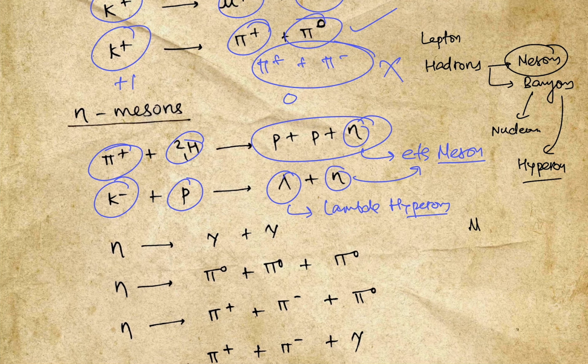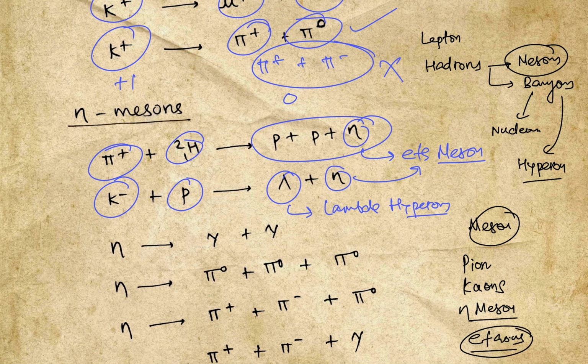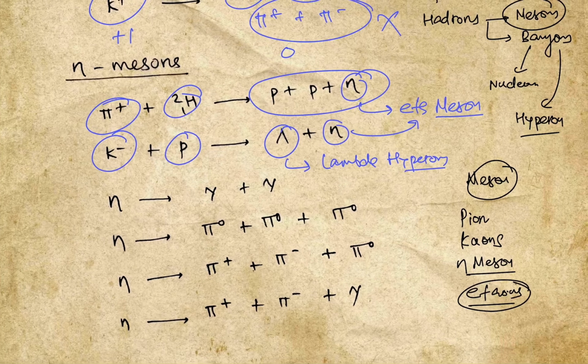Mesons were of three kinds. First one is pi meson or pion. Second one is K meson or kaons. And the third one is eta meson. I don't know why they don't call it etaons or whatever. I should have named it etaons. But obviously we are just aspirants.